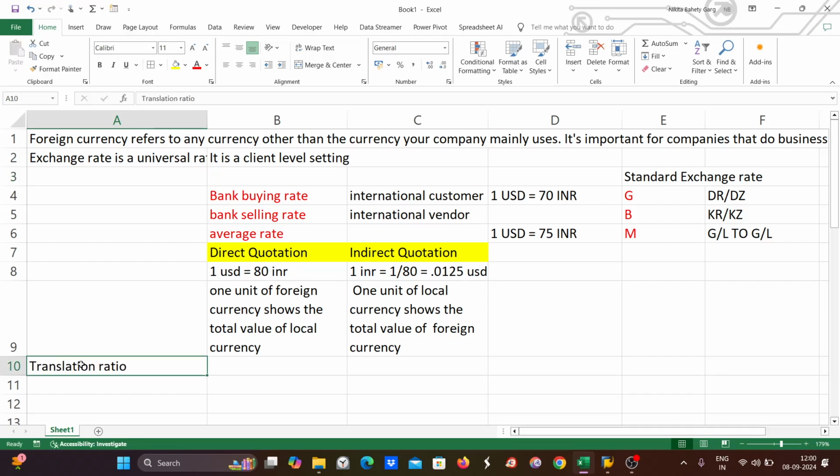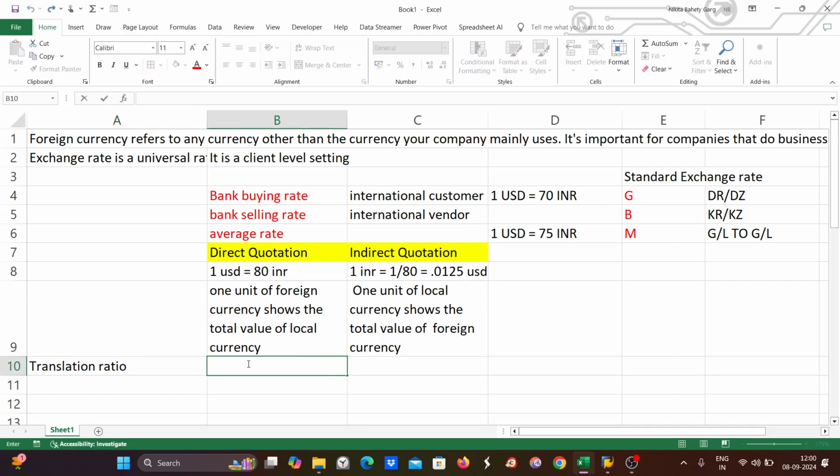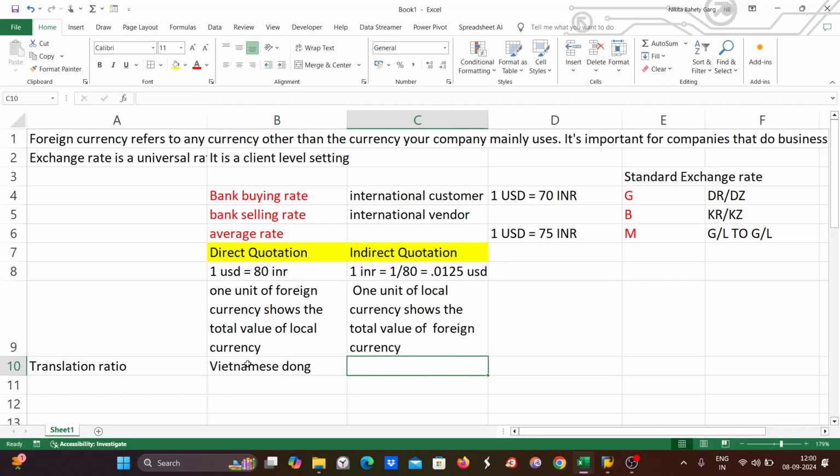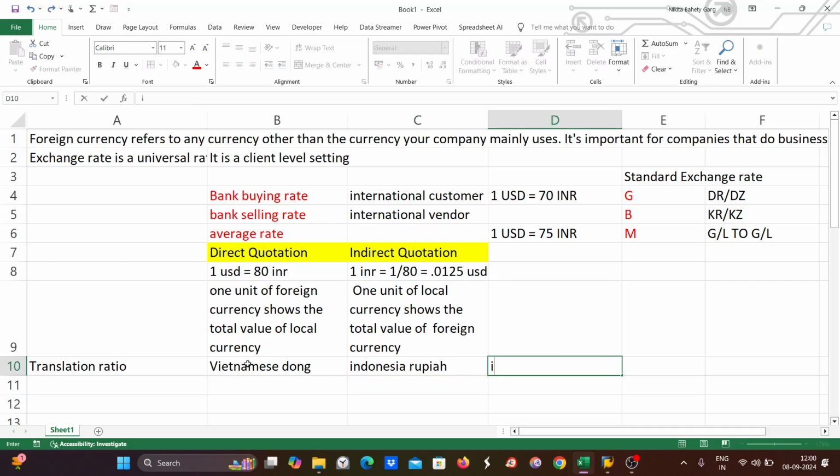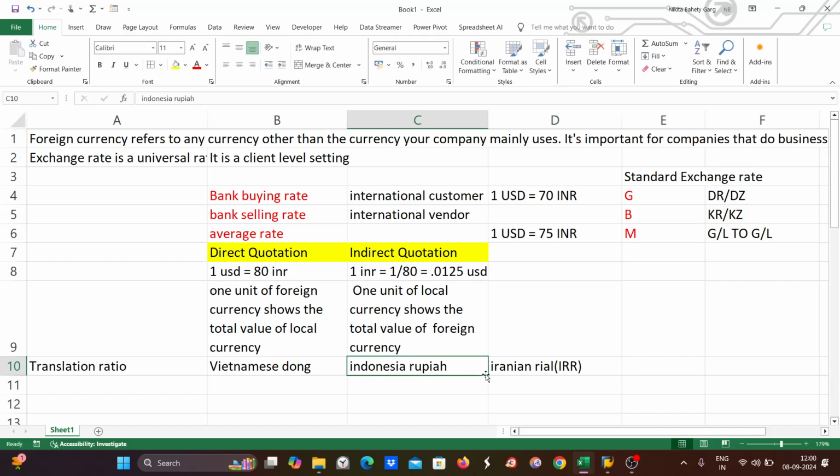What is translation ratio? Now, let me explain it this way. Generally, there are currencies like, as I told, Vietnamese dong, or Indonesian rupiah, or even Iranian rial, IRR, we can write it like this.